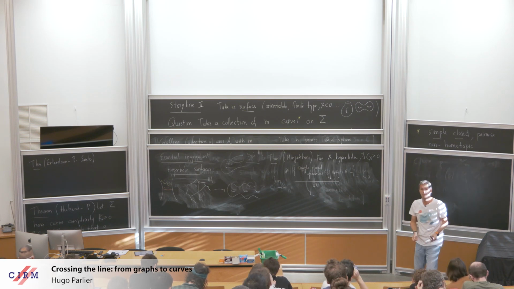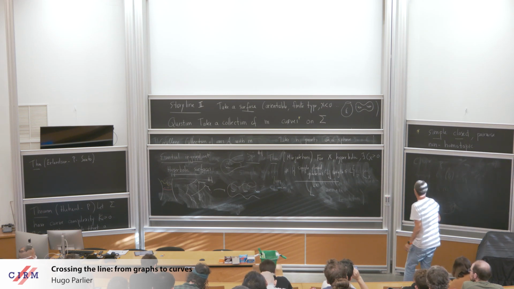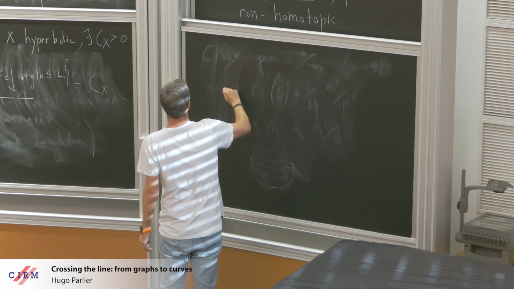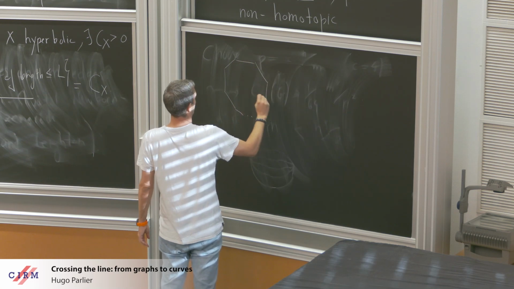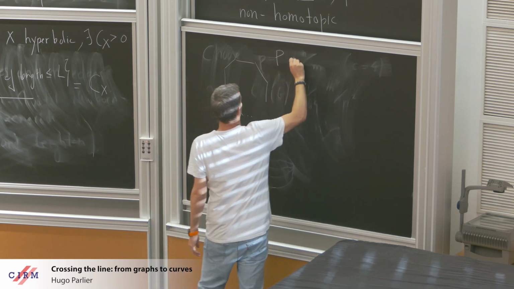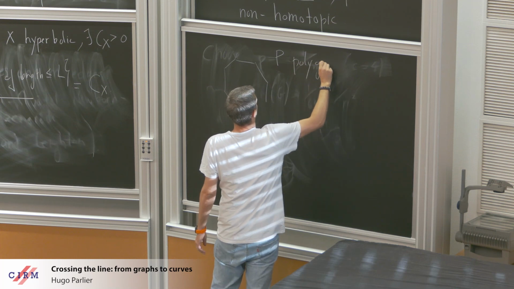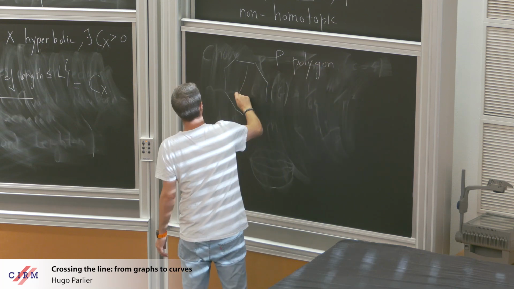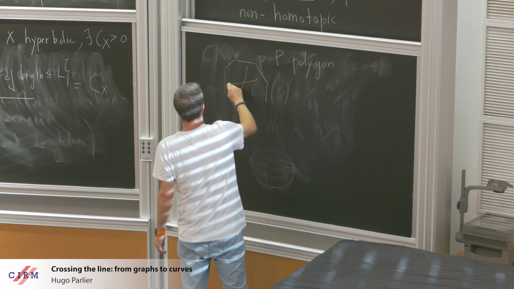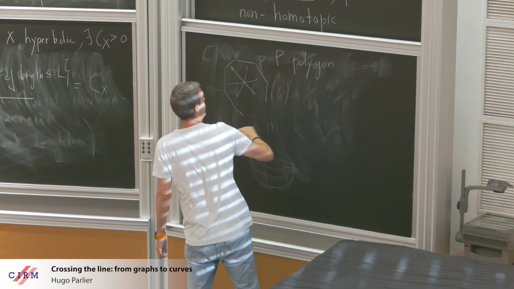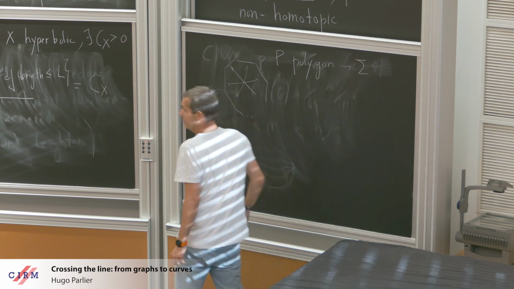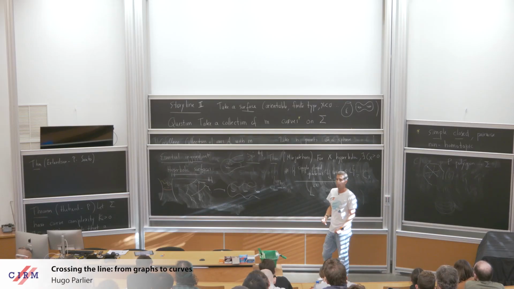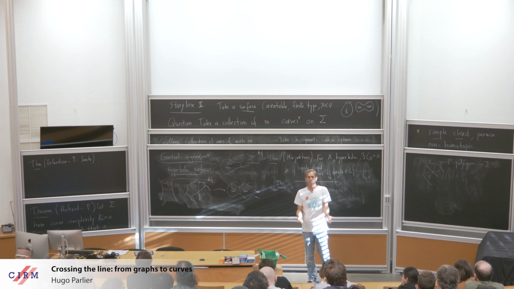So something more basic than looking at a hyperbolic metric is that you can look at a polygon. This is just a topological polygon, and you have side pairings. You suppose that this gives a surface sigma with your side pairings, which still has curve complexity kappa.